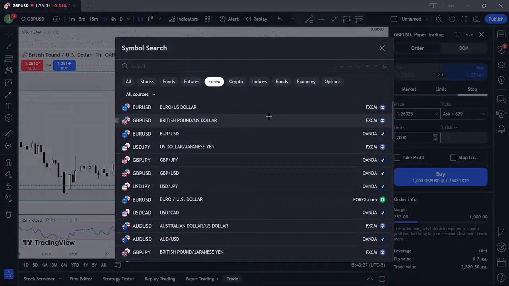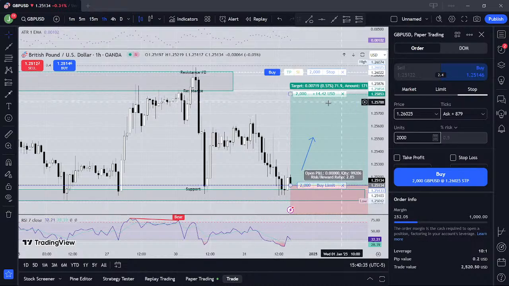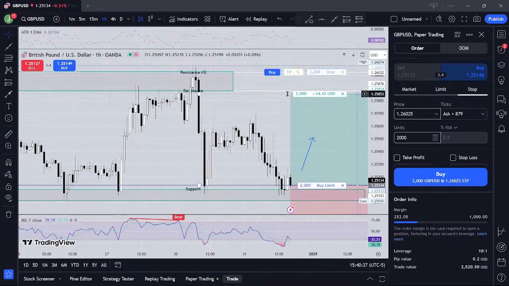So I'm gonna place different targets over here. I wanna place here, but I'm not too sure.